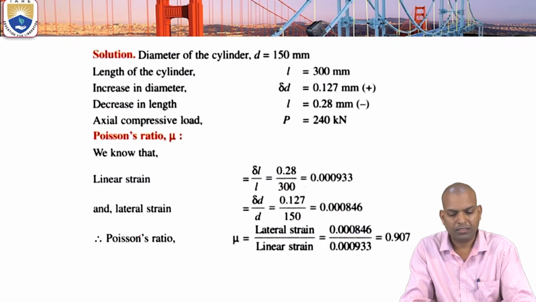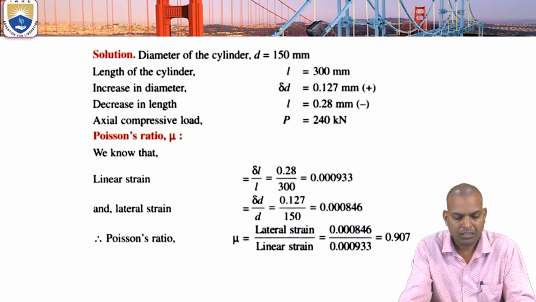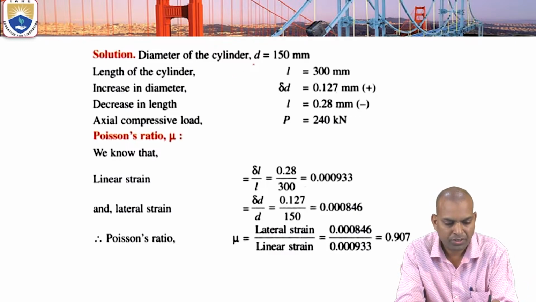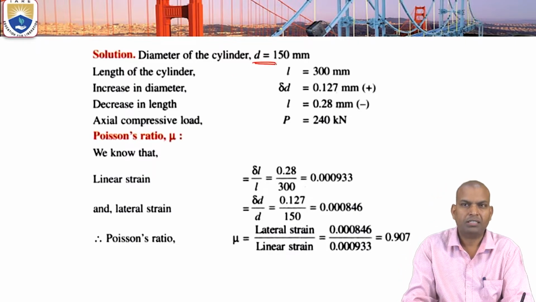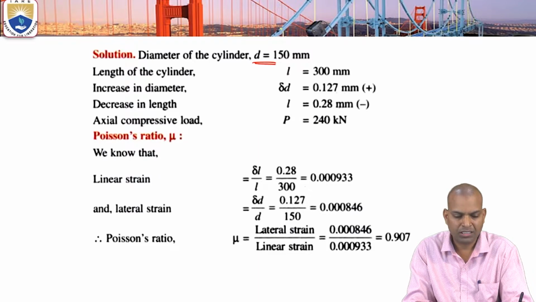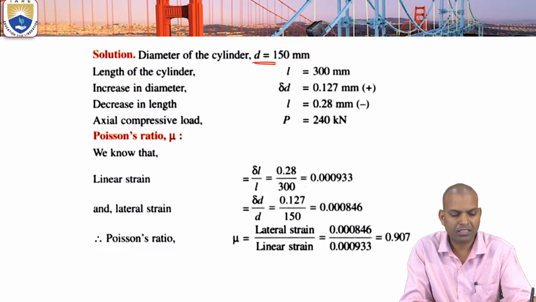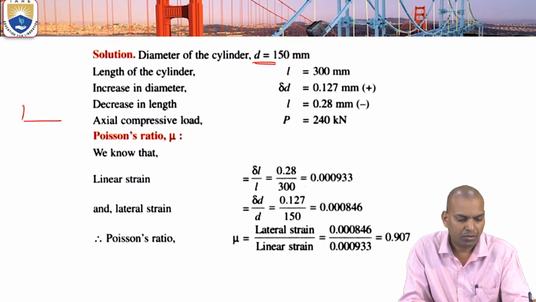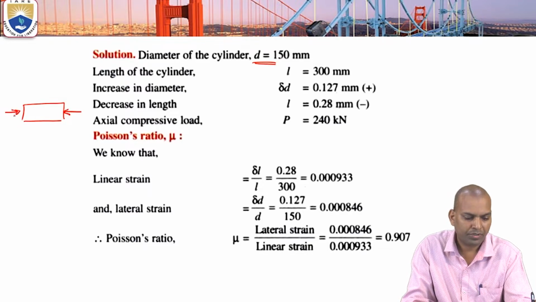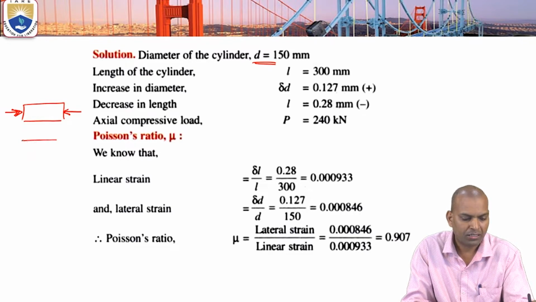Now this is the data given here: decrease in length, diameter is 150 millimeters, delta D 0.127, that is increase in diameter. Why does the diameter increase? Because of the compressive load acting, there is a decrease in length and an increase in diameter.